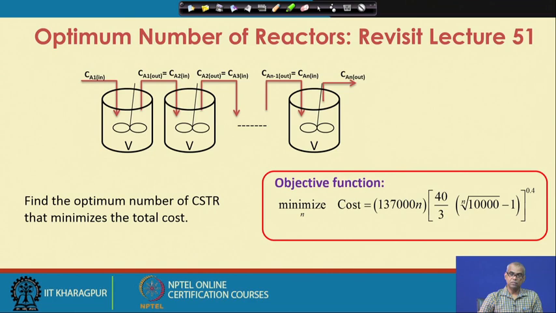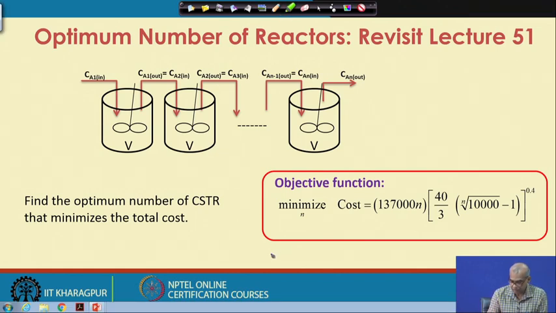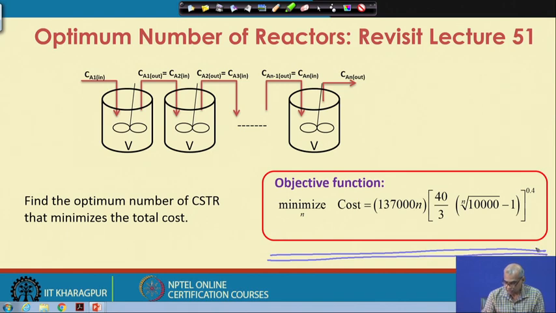So, you can go back to the slides of lecture 51 and can see the optimization problem formulation. Please recall that we are able to express the total cost as a function of n, where n is number of CSTRs in the series.